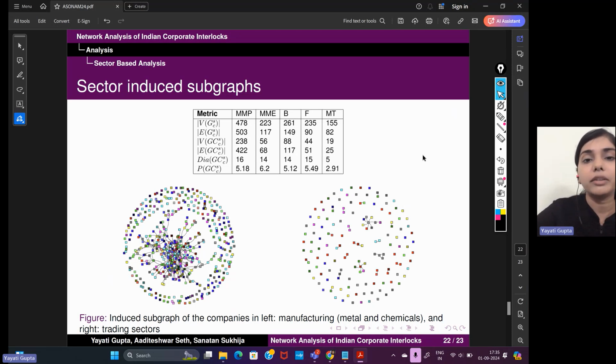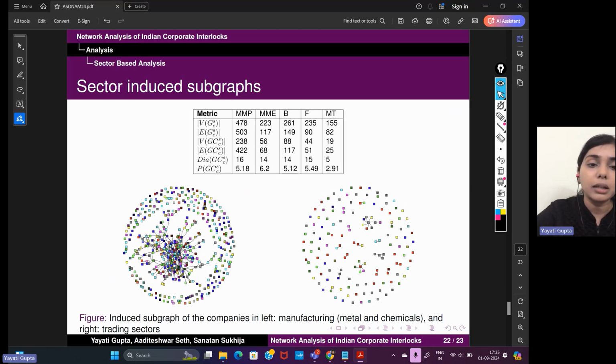Apart from these five sectors, manufacturing metals, manufacturing equipments, manufacturing wood, business, and finance, all of which retain a significant induced subgraph. These are some of the properties. If you look at their giant component, again, it is not very big, but significant compared to the other sectors. Their diameters are very large and average path length is low.